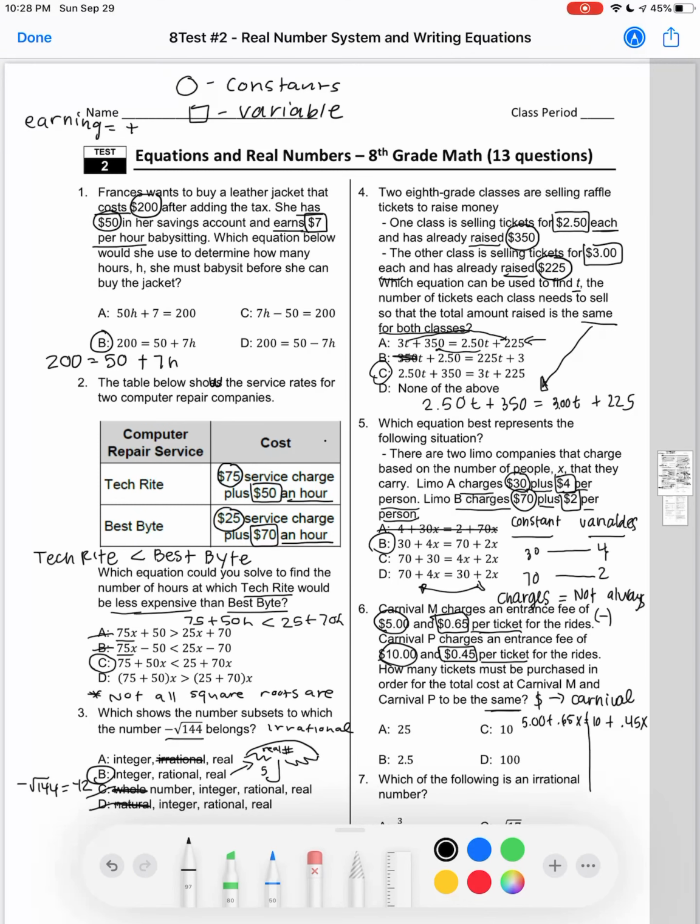So now we can solve this by subtracting our least coefficient from both sides. And we'll be left with 5 plus 0.2x equals 10, because this will have zeroed out.